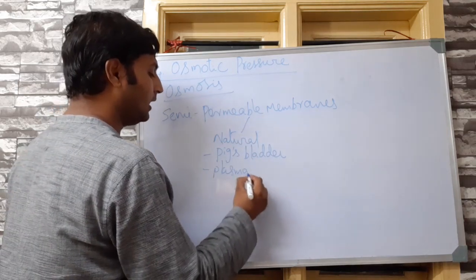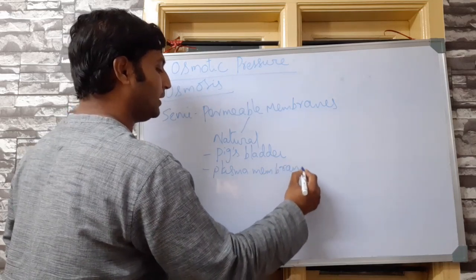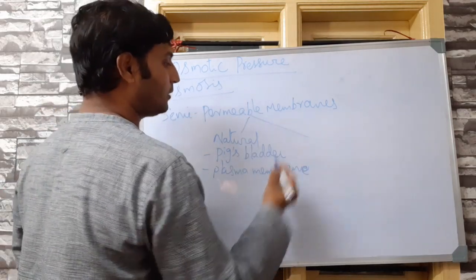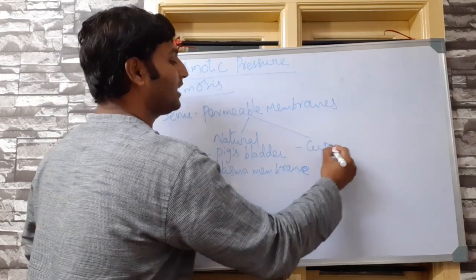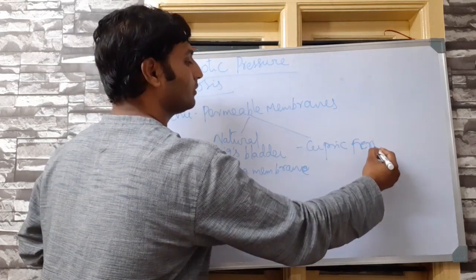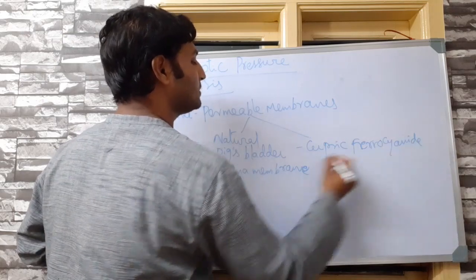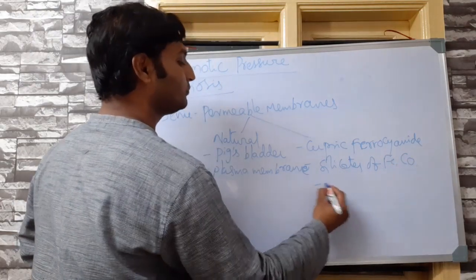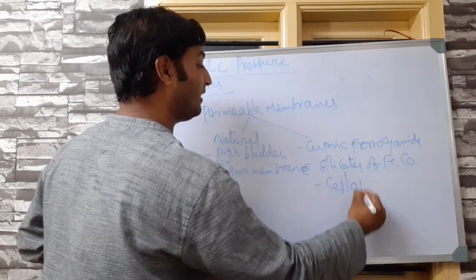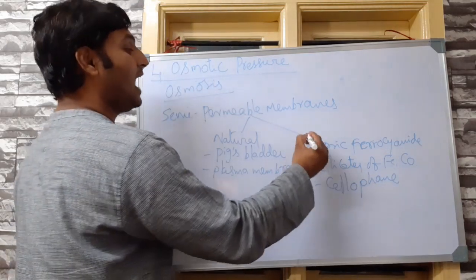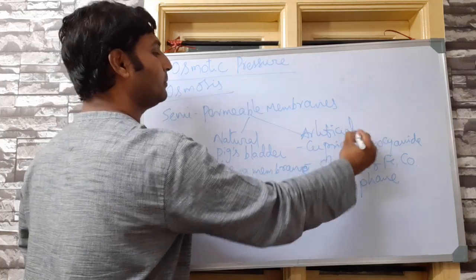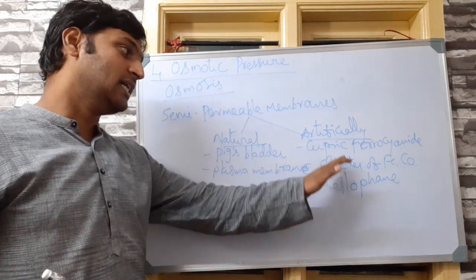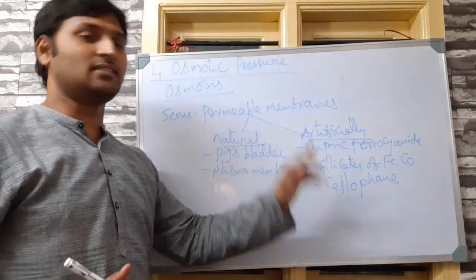The plasma membrane is a natural example too. Or they could be artificially synthesized, such as cupric ferrocyanide, silicates of metals like iron, cobalt, nickel, etc., and cellophane.